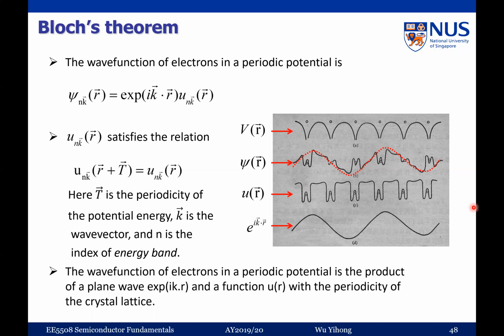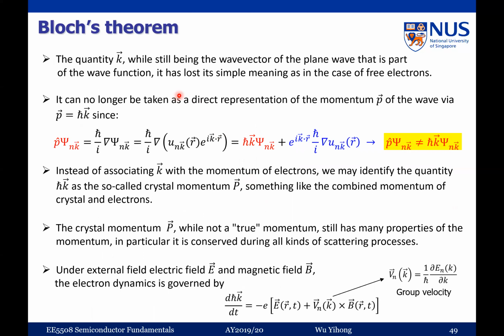So this is the picture you should have. Now, so what's K? This is a very important concept here. For a plane wave, you know that K is a wave vector, right? And here, this K is still the wave vector of electrons. But the only difference is that in the free electron case, you multiply this K by ħ, so ħK is the momentum of the free electron, right?